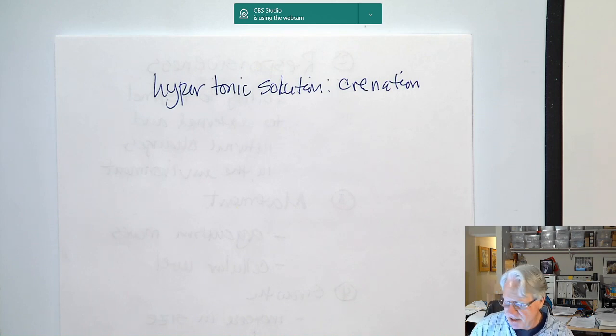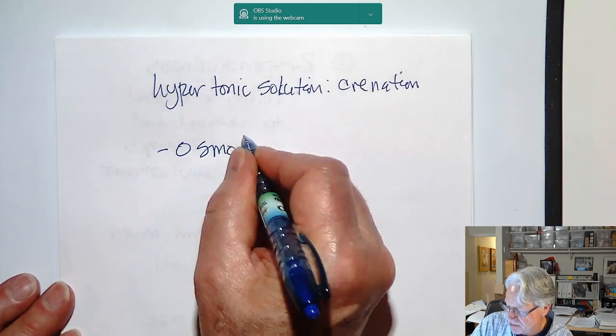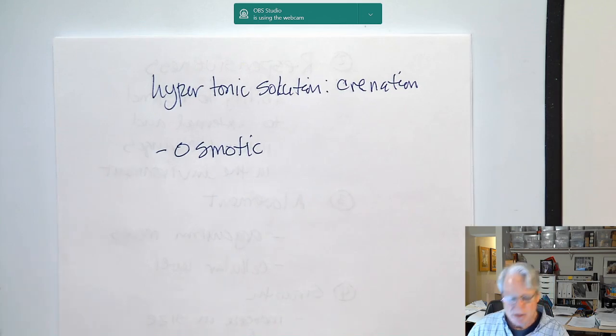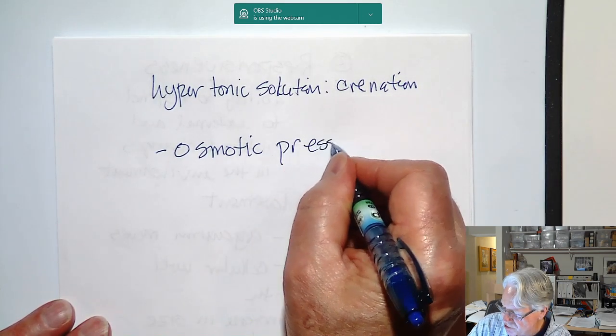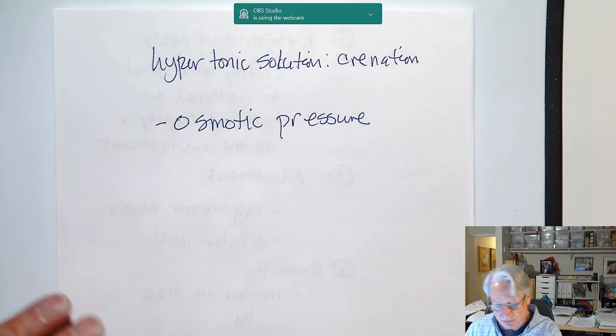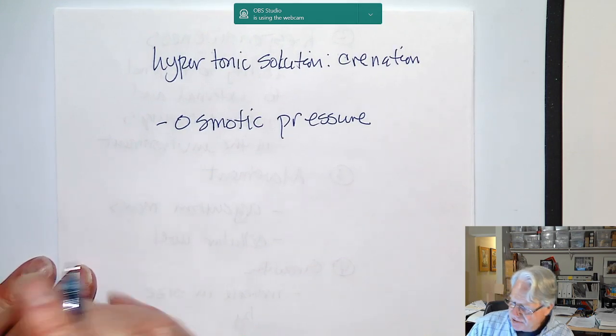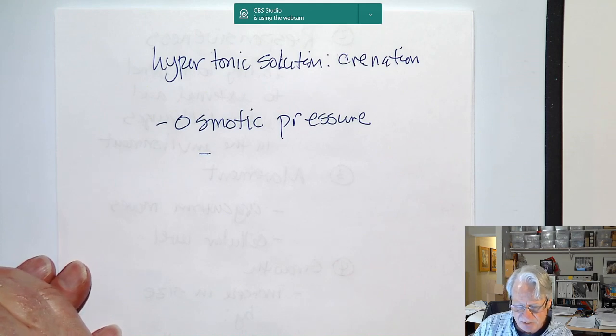Okay. Now I want to talk about osmotic pressure. And this is something I did not mention in the lab. So this is an important concept because that's how we're going to measure where water is going to flow. So let's give ourselves a definition of osmotic pressure.